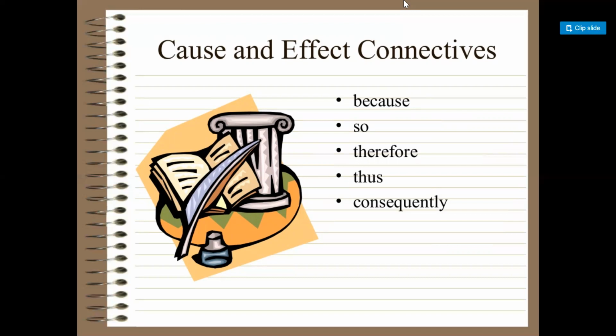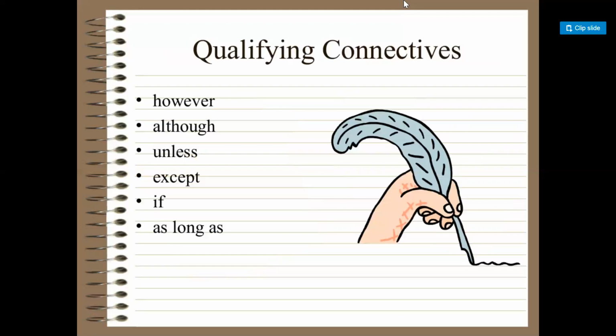So, the girl missed her bus, consequently, she was late for her class. This could be the consequence she faces for missing her bus. I hope all these points are easier to understand.